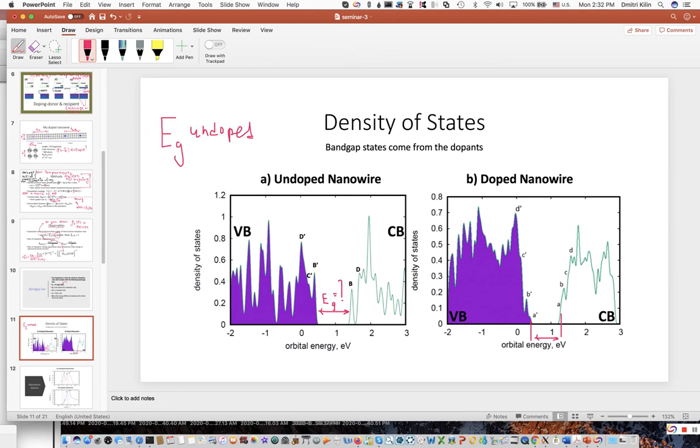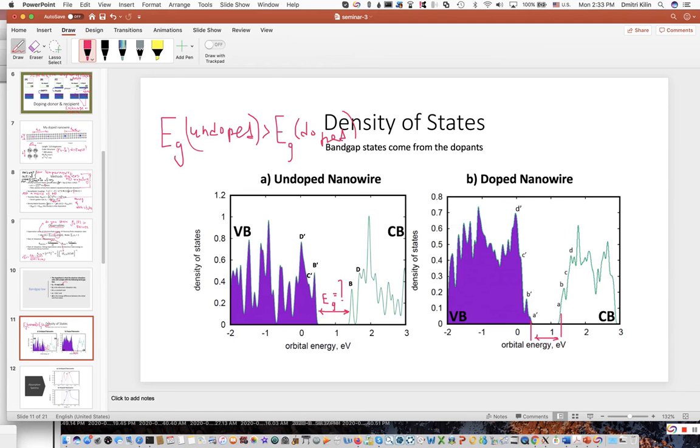Also notice that the area for my valence band and conduction band in panel B is greater than the respective areas for panel A. What this means is that there's more states available per energy interval.